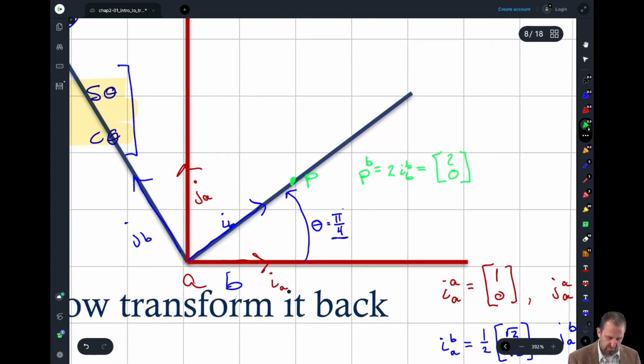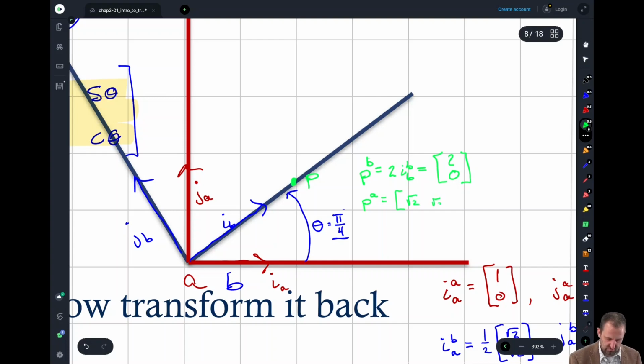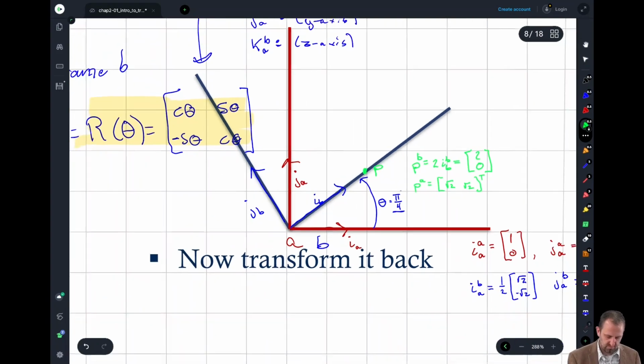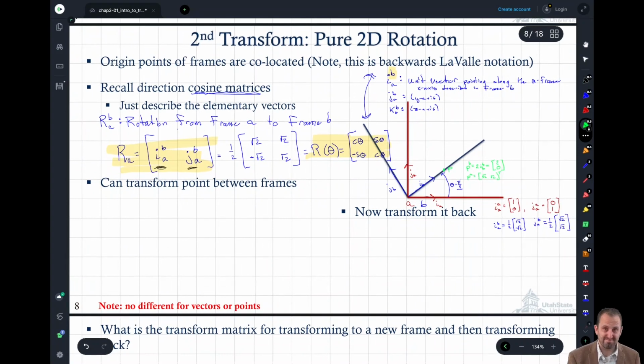And like before, this is simple enough since we're using just a rotation of pi fourths. We can write this in the A frame as, because this is an angle of pi fourths, we'll end up just getting the square root of 2, square root of 2. Oh, and I should have put that as a column vector.